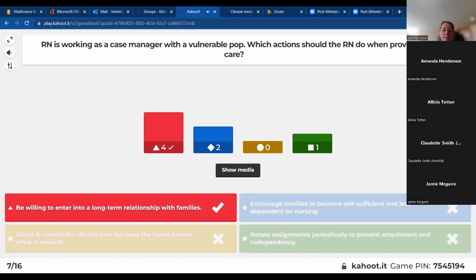All right, so remember, vulnerable populations are going to need a lot of follow-up. They're going to need you constantly there with them. You do want to promote some self-sufficiency, but you don't want to take away that dependence on the nursing. Our best answer here is going to be entering that long-term relationship. You're going to be with them for a while because they're going to need lots of support along the way. Okay.